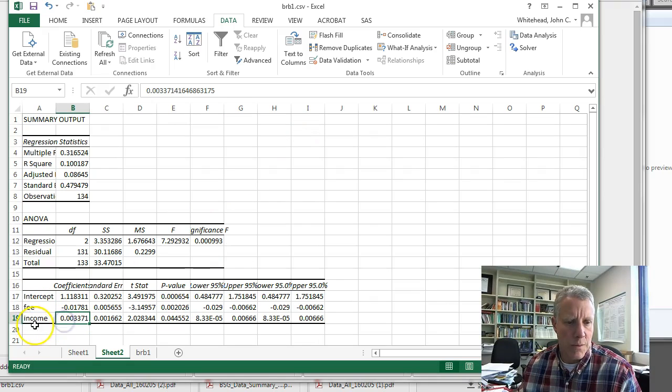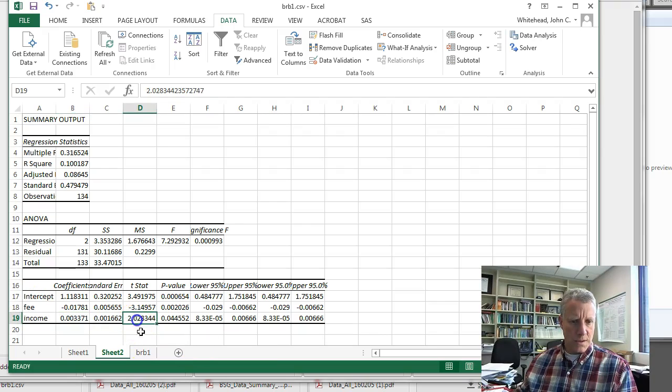We had income, we have a positive coefficient, which means that as income increases, the respondents are more likely to buy the product or register for the event again. It's statistically significant. The t-stat is above 2. The r-squared increases from 0.07 to 0.10, which means we go from explaining 7% of the variation in the dependent variable to explaining 10% of the variation in the dependent variable. And then our F statistic is still significant at the 99% level.